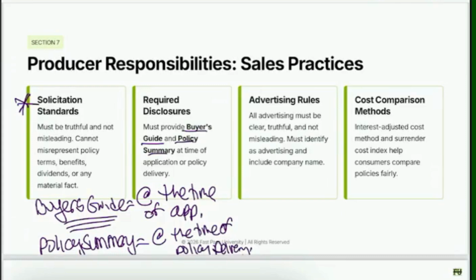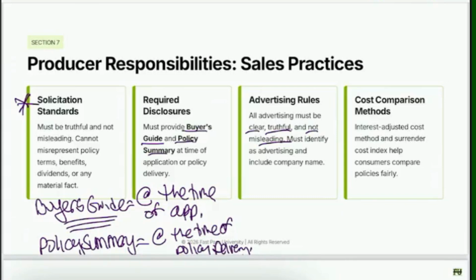Okay. Advertising rules, again, must be clear, truthful, not misleading. Must identify as advertising and include the company name. It must be very clear that this is advertising. Okay. Cost comparison methods, interest adjusted cost method, and surrender cost index help consumers compare policies fairly.